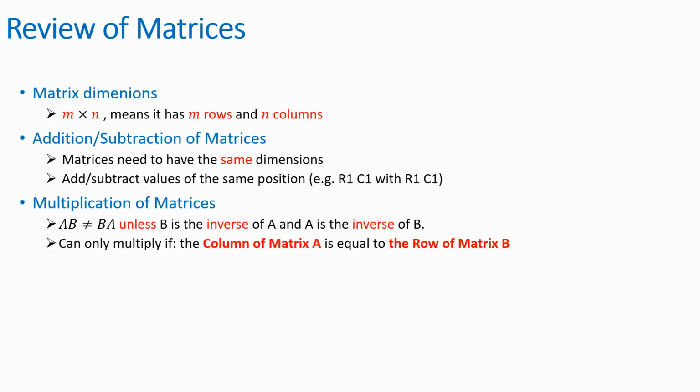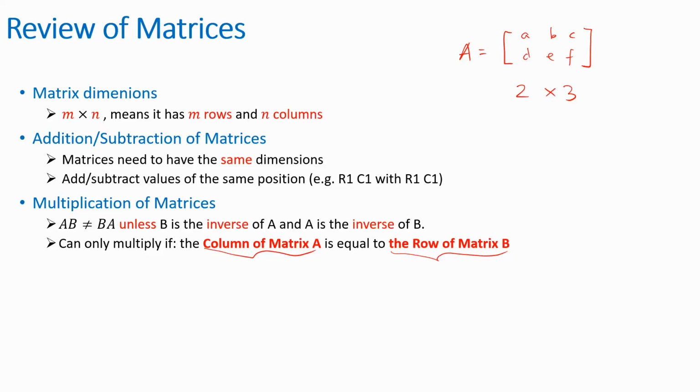You can only multiply if, now this one most students may forget, but after you do a couple you'll remember it, the column of matrix A has to equal the row of matrix B. So what am I saying? Let's say matrix A was A, B, C, D, E, F. This is a 2 by 3. 2 rows, 3 columns.